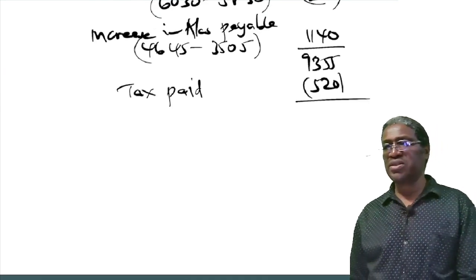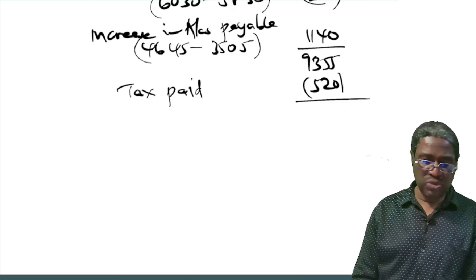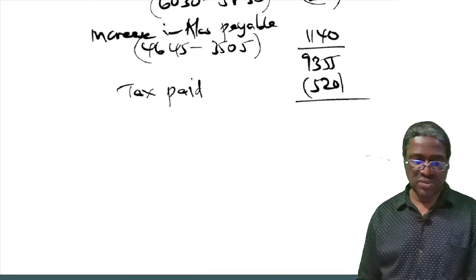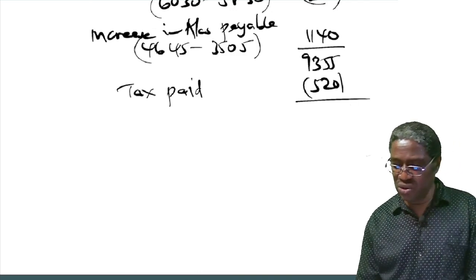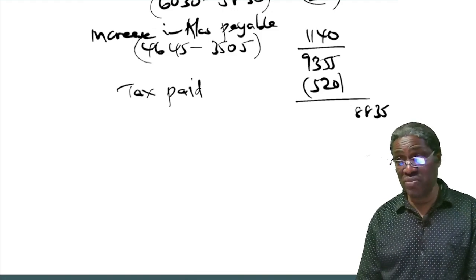We get the net. That is the figure we are calling cash flow from operating. So we minus 520. I'm getting an amount of 88.35. Push it to the extreme.